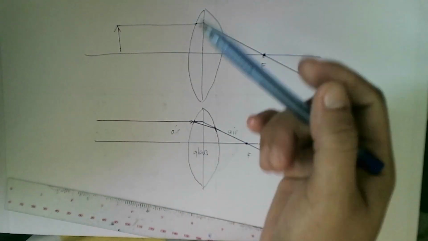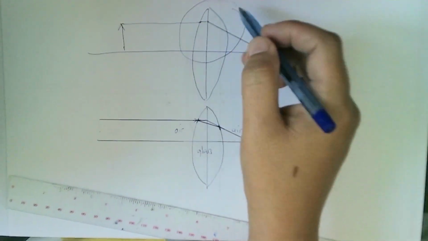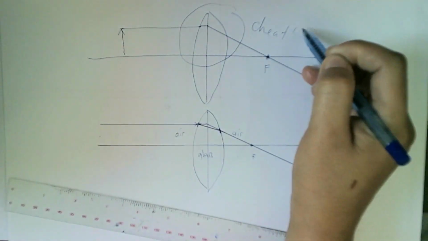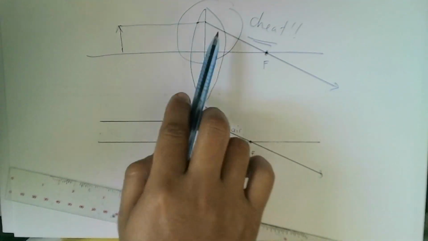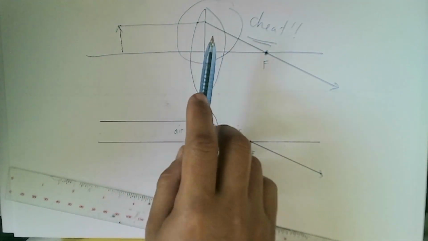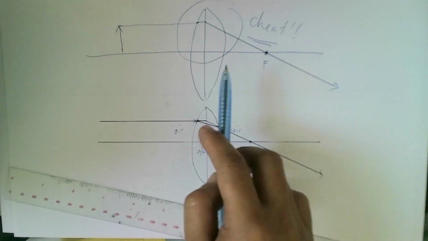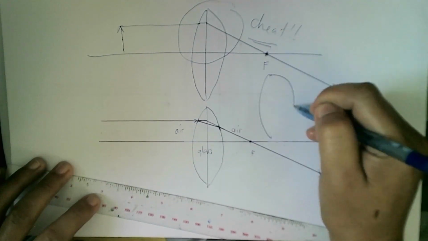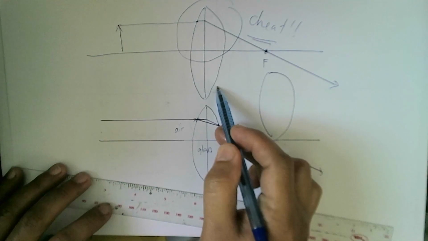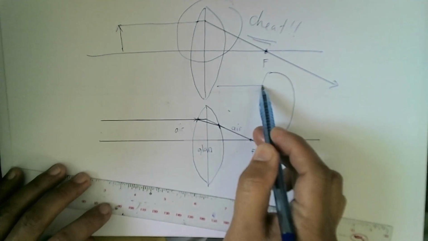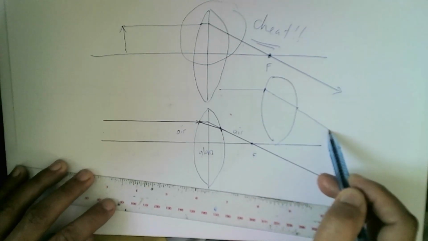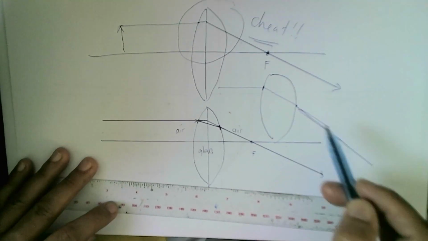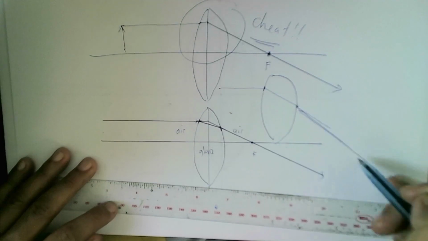Okay? So in other words, this technique is kind of a cheat. This is kind of a shortcut that we do to make our lives easier. But it doesn't change the fact that in the real world, what really happens is the light ray changes direction as it passes through this boundary and then changes direction again as it exits this boundary. So there are two changes in direction.